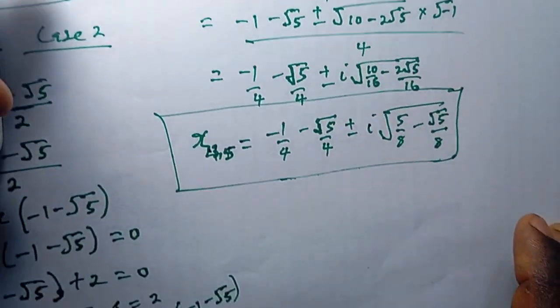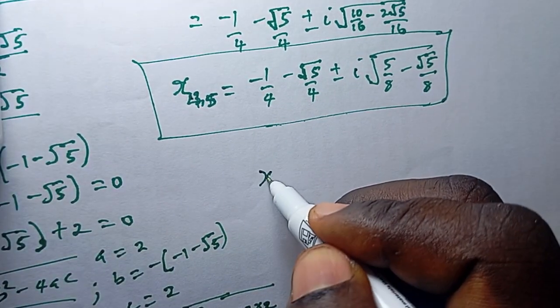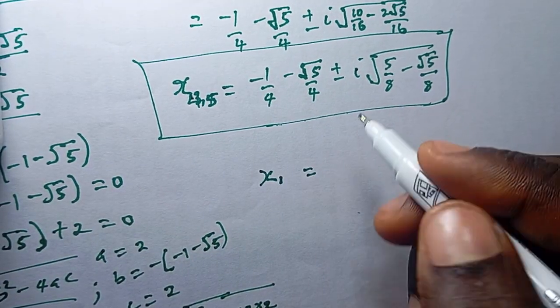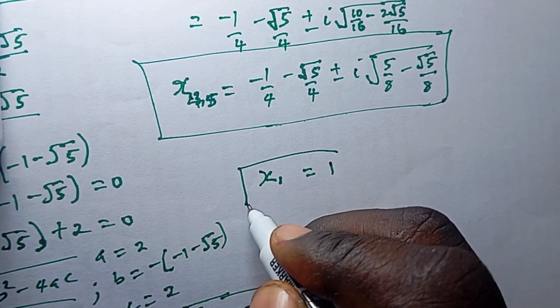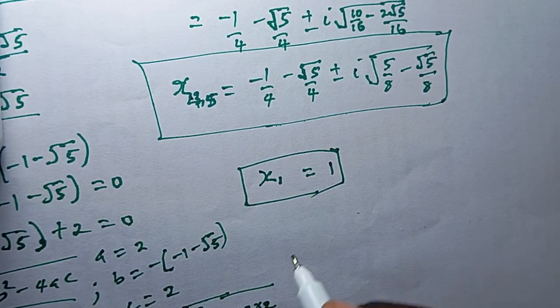So if we bring everything together, first we saw at x1 that x is equal to 1, which we named as x1.